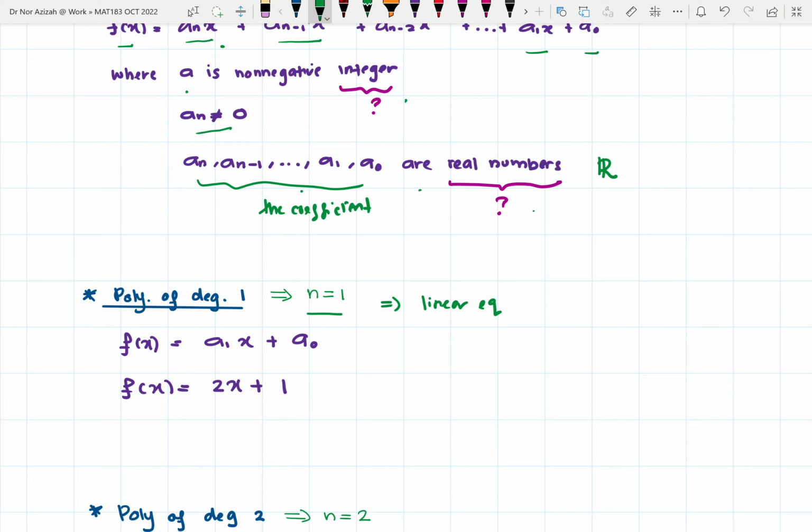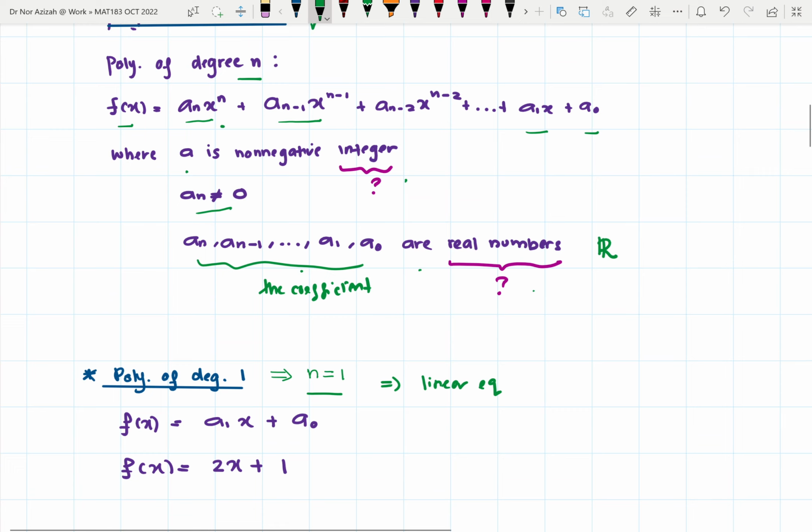So for example here, based on the general form, since x is to the power of 1, you can write that f(x) equals a_1 x plus a_0. Or you can replace the values of a_1 and a_0, just like this. So you will have f(x) equals 2x plus 1. This one is called a polynomial of degree 1.